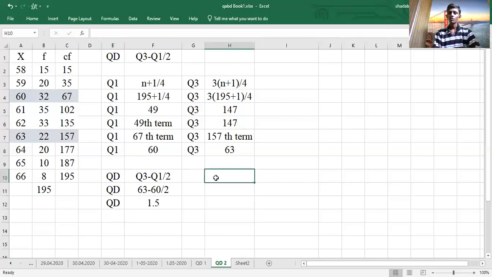Very simple. Coming to the coefficient of quartile deviation, that also we have to find. The formula is Q3 minus Q1 divided by Q3 plus Q1.